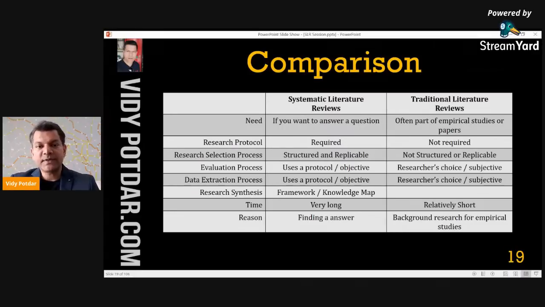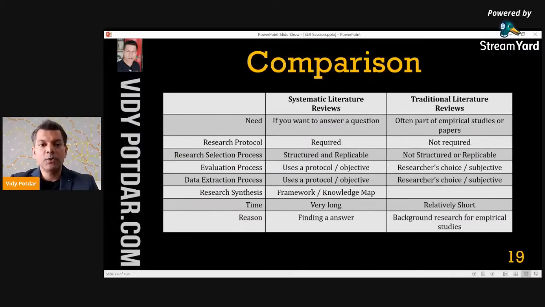The second difference is research protocol. A research protocol is required in a systematic review, but in traditional reviews, it may or may not be necessary. Normally it is not reported in traditional reviews. The third is research selection process.